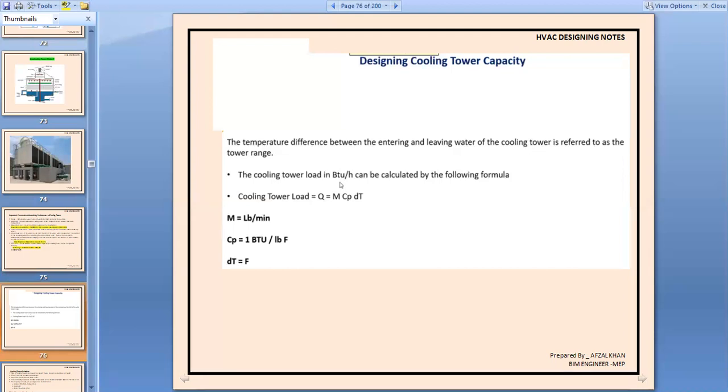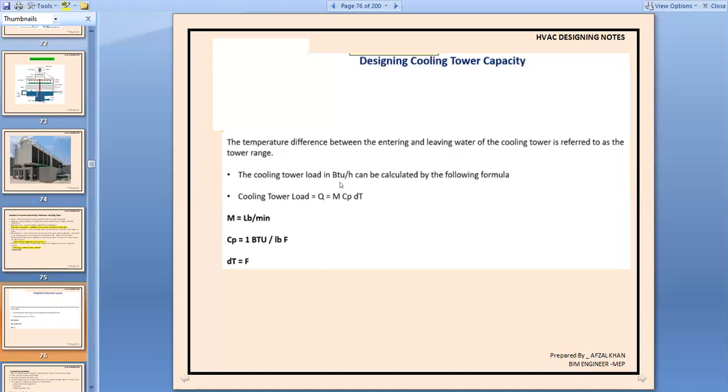Delta T is equal to 10, because the cooling tower temperatures are 95 and 85, so 95 minus 85 is 10. Then you can put the values into the formula and you will get the Q for the cooling tower.